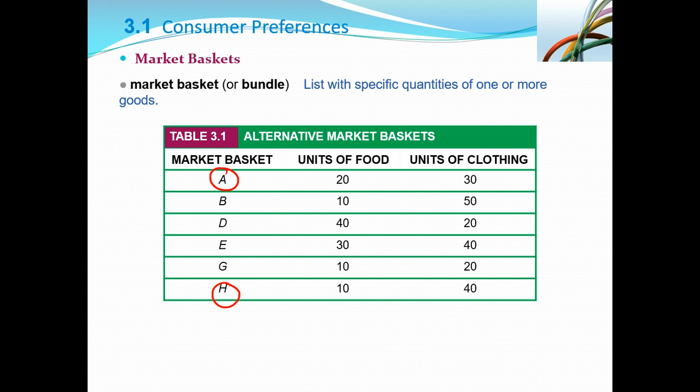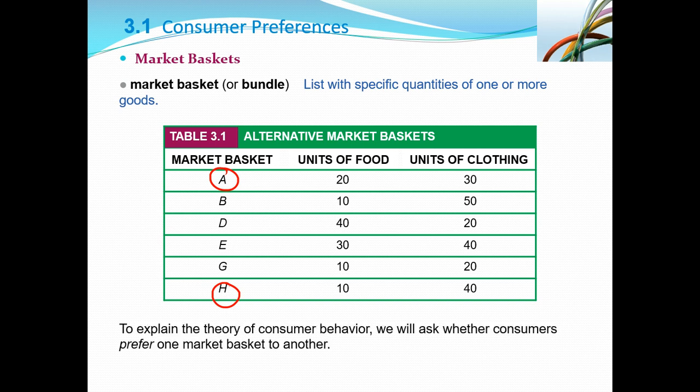We have these various combinations of these two commodities. So now what we want therefore is to know whether the consumer is going to have this one combination that is going to maximize his utility.